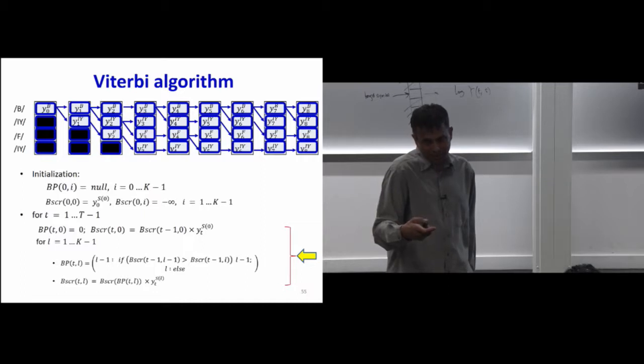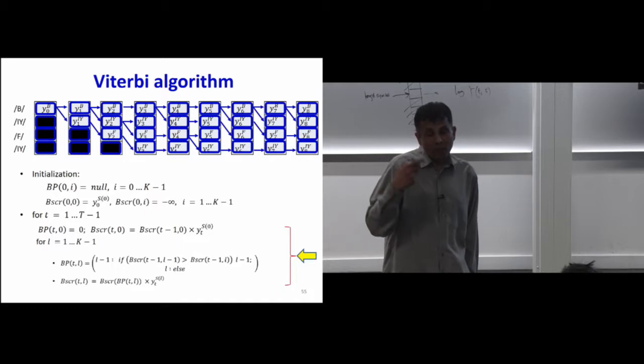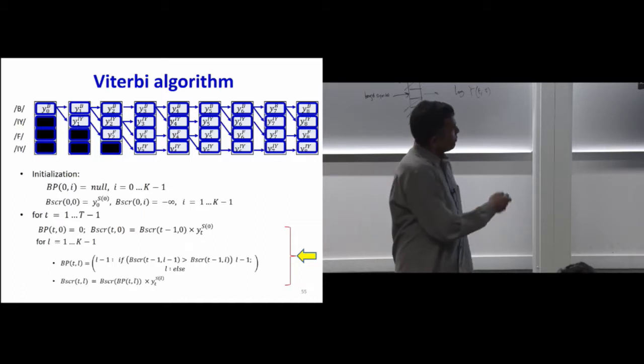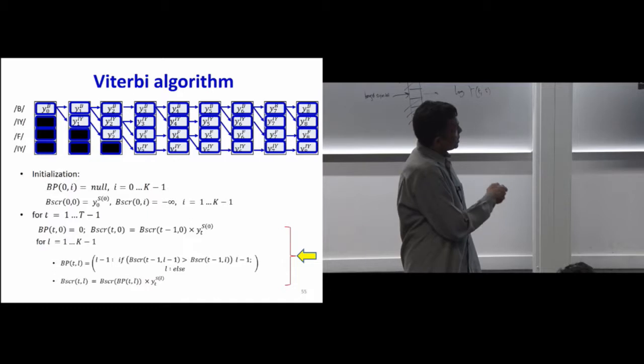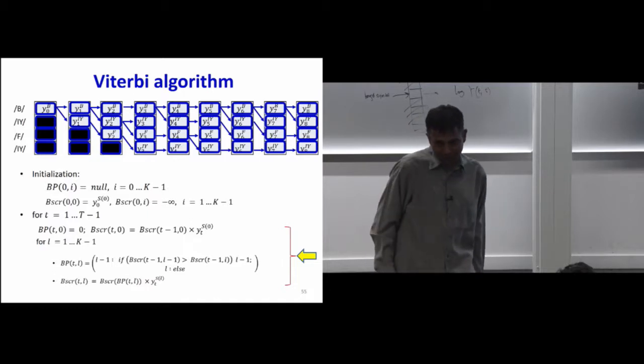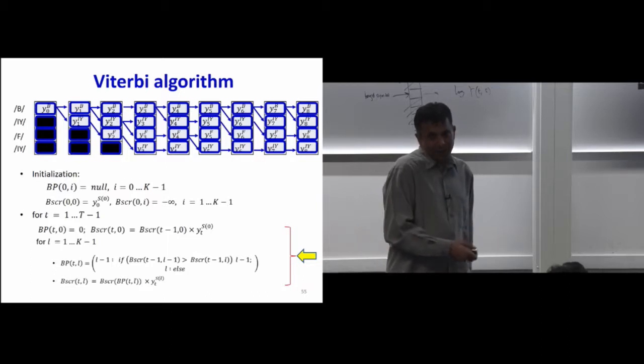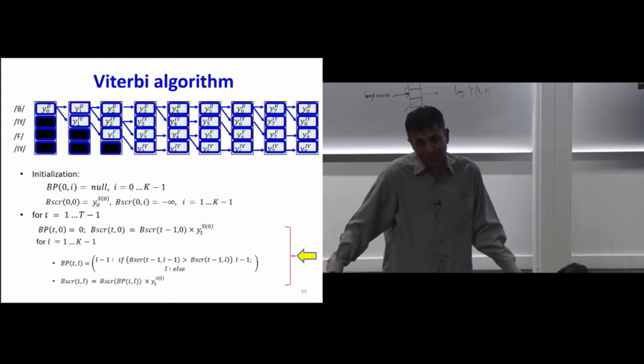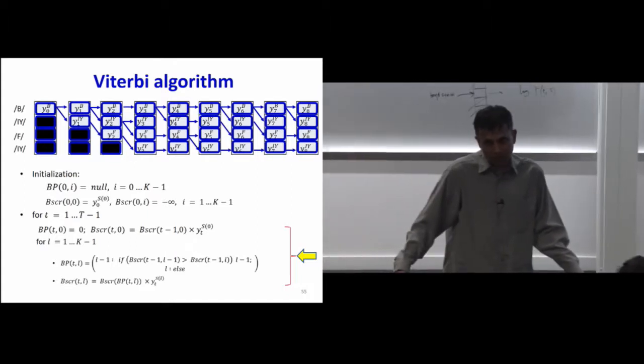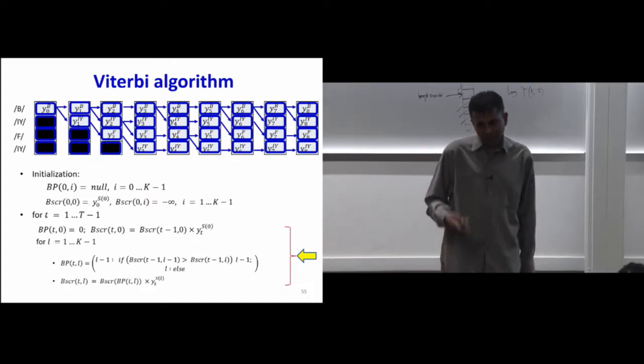Does that make sense? I'm not saying that the first guy is always the most likely, I'm just saying in the worst case, if across the row the first row were always the most likely, then what I would find is that the most likely sequence is just going to be this one term, because you'd be ignoring the rest of them. Correct? So we are doing this to avoid that situation. You're making sure that you actually get something that goes through all four symbols. So you do need that. Okay. Makes sense? Makes sense.